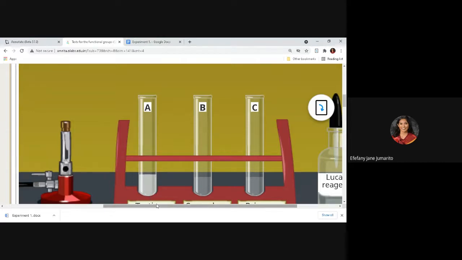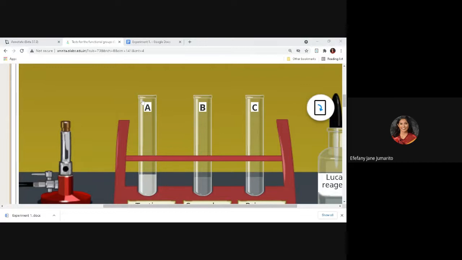If the cloudiness appears after about 5 minutes, it takes longer, then it is a secondary alcohol. If the cloudiness appears only when we heat the solution, then that has a presence of primary alcohol.